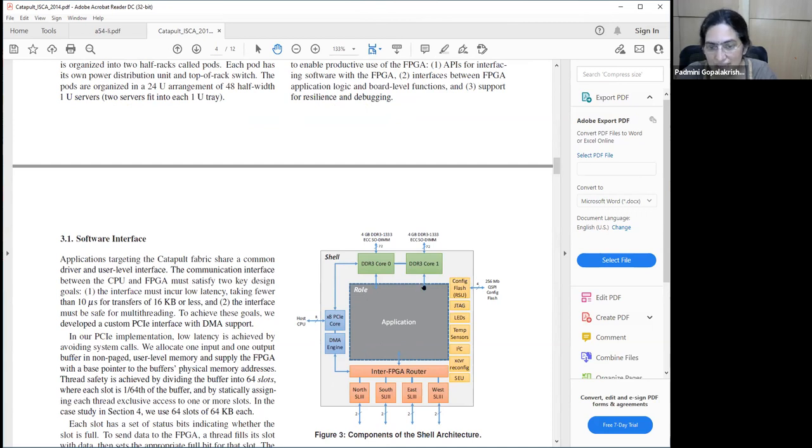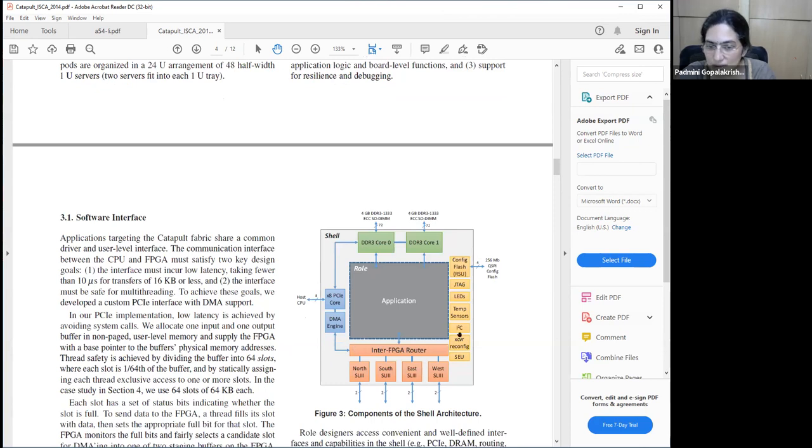That application has to have some buffer to take care of feeding anything that comes in from the memory. It may need a set of status registers to take care of any handshaking between other FPGAs. All those things will be incorporated into these parts of the shell, which are independent of the application. And typically when you provide a shell like that, you need to have some kind of fixed interface that your applications should follow so that they can make use of the shell.